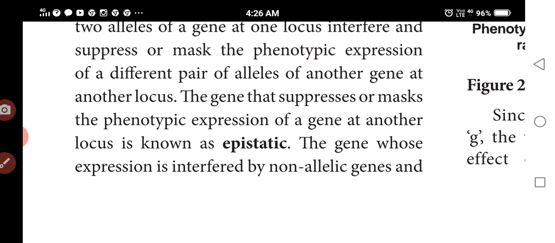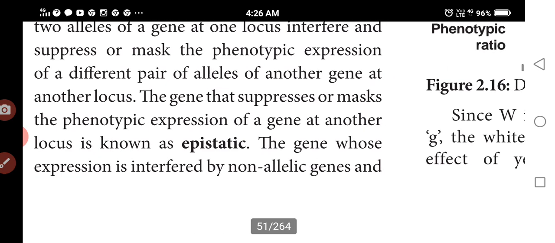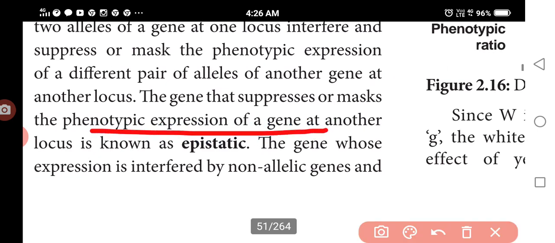Epistatic means the effective gene is called epistatic. The effective gene is the one that suppresses the phenotypic expression of a gene at another locus.